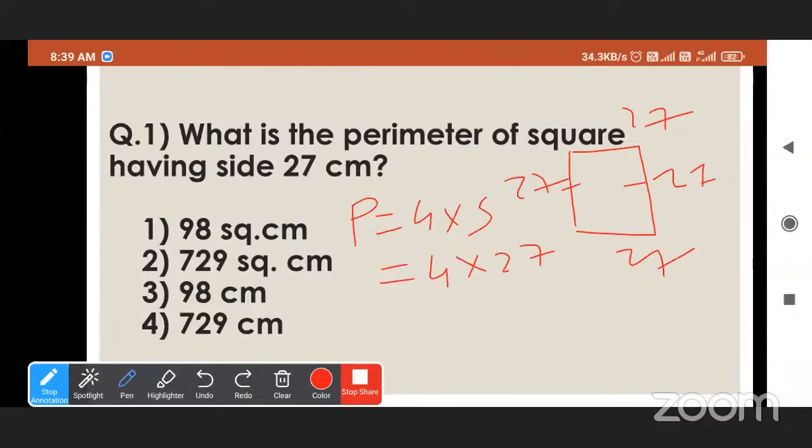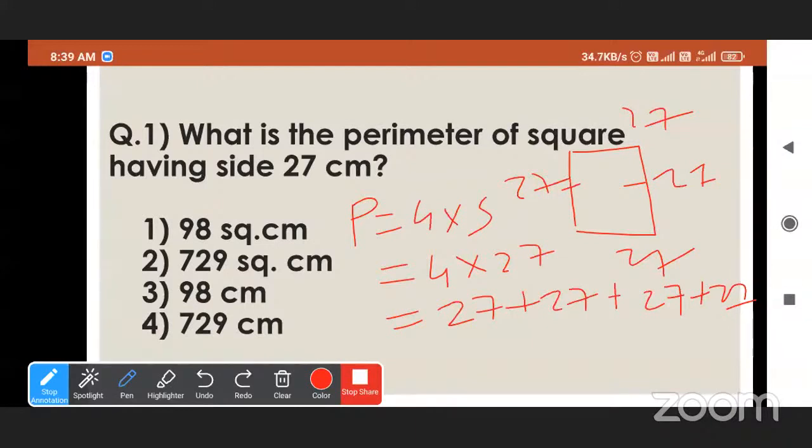By multiplying 27 into 4. Or we can easily write it as 27 plus 27 plus 27 plus 27. 108. Yes. Answer is 108. Where is 108? Yes, the correct answer is 108.